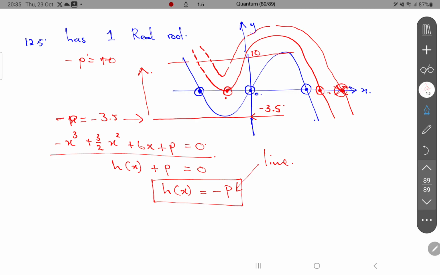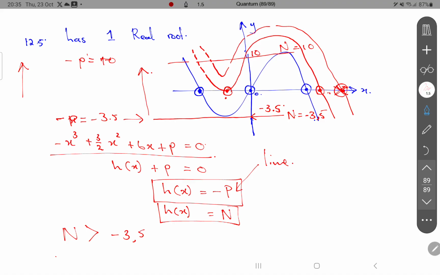Now, if you don't want to be confused, you write h of x is equal to, let's say, n. So this is your n equals negative 3.5. And this is n equals 10. So in other words, we are going to push the graph up. So n is greater than negative 3.5, like that.